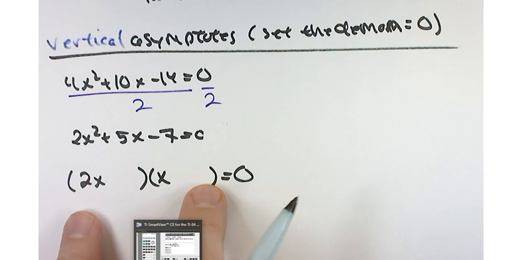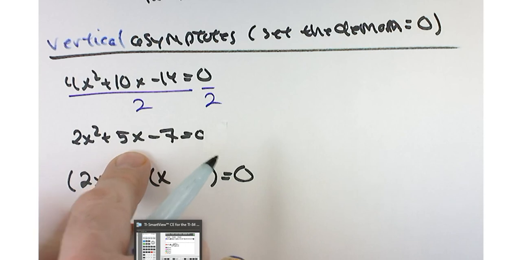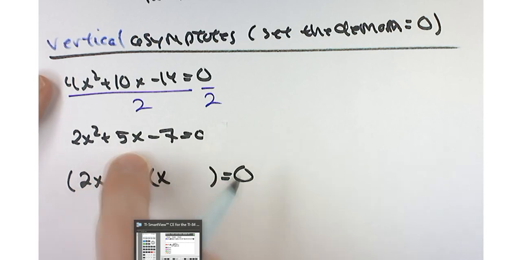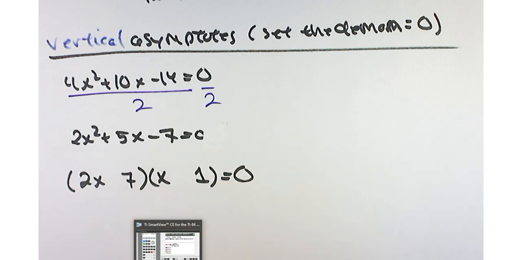If I put the 7 here, I have 2 times 7 would be 14. And it doesn't feel very likely to me that I'd be able to get a 5 here in the middle. So I'll put the 7 here and the 1 here and let you play around with the signs. Which one's positive, which one's negative. Has to be one of each.